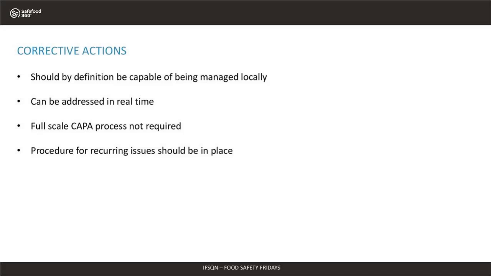Or you may be getting a repeated occurrence of the issue, and maybe that could justify a CAPA process naturally. But if you're getting a repeated full CAPA, that's not great. So ideally, local correction and fast correction of the issues should be an intrinsic nature of what these checks are as well. Okay.